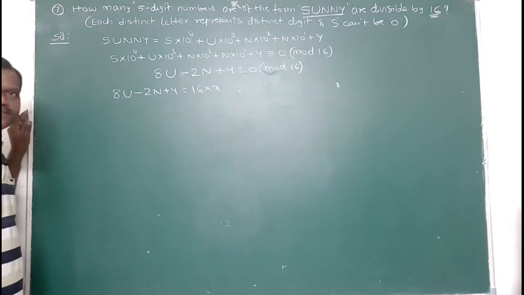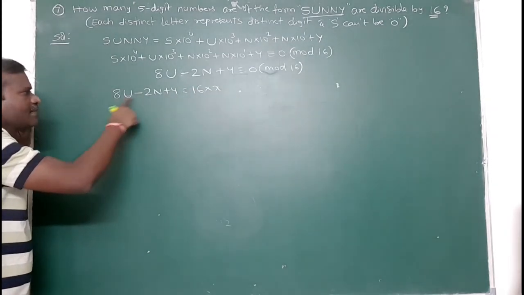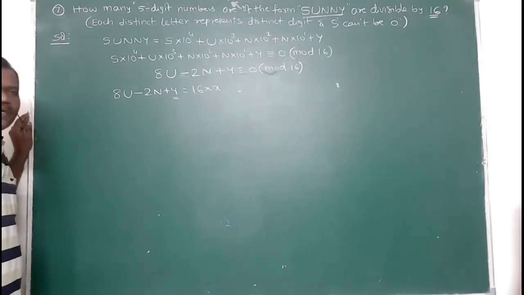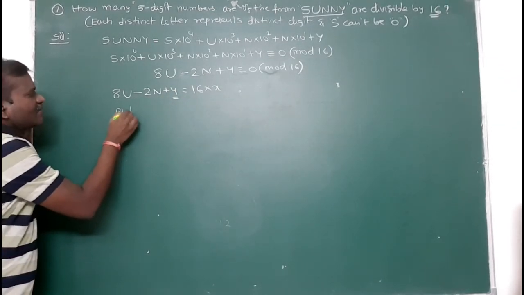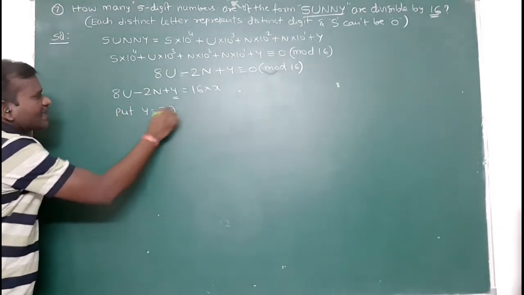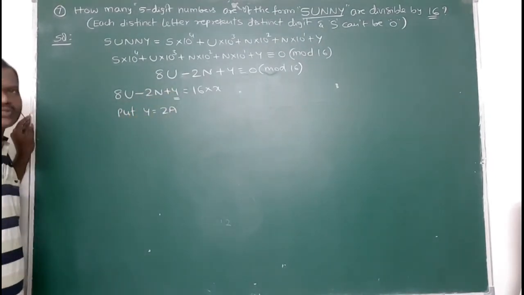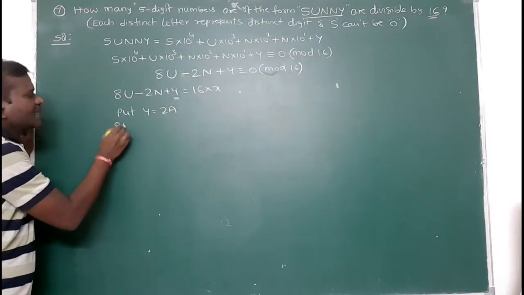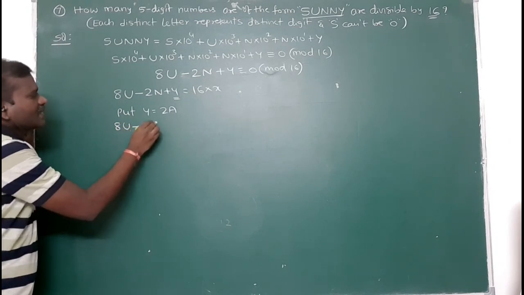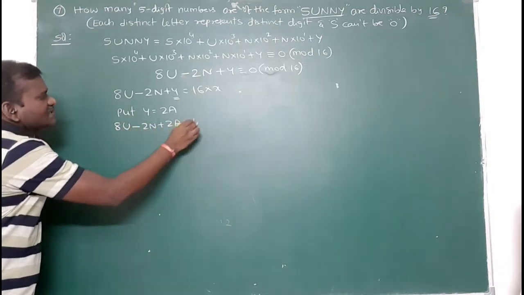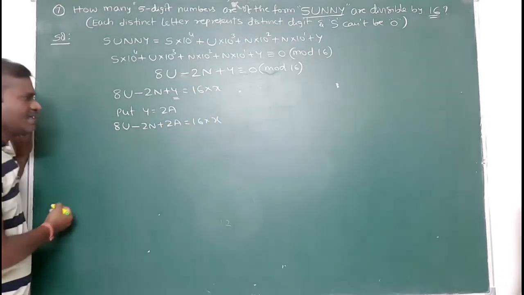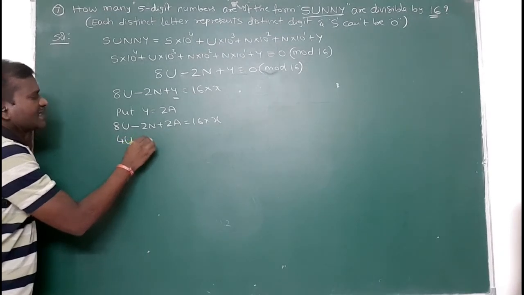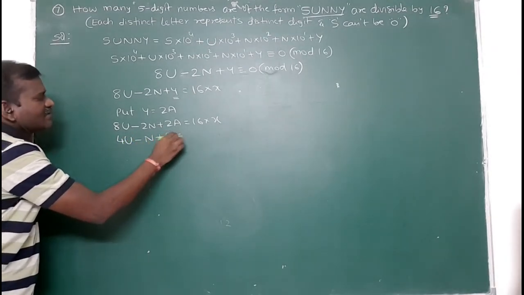Here 8 is a multiple of 2, 2 is a multiple of 2, 16 is a multiple of 2, but Y is not. So let Y equal 2A, because then 2 cancels on both sides. If Y is equal to 2A, I get 8U minus 2N plus 2A equal to 16X. Cancelling 2 on both sides, I get 4U minus N plus A equal to 8X.